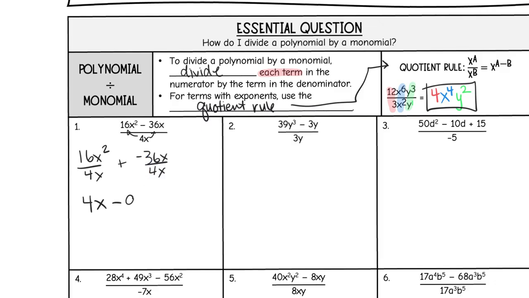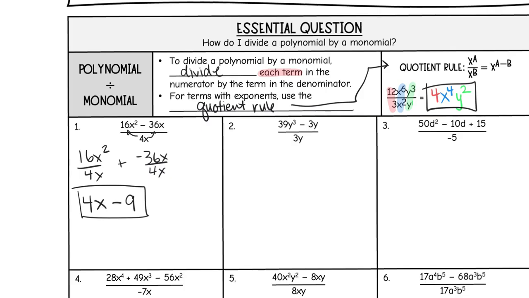So I will write negative 9. And then x divided by x, that's just 1. 1 minus 1 is 0. So x, I could write like x to the 0, but I don't need to because that's just 1. It won't change the actual value of the term. So there is my answer.